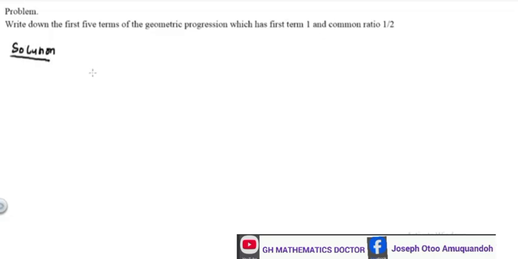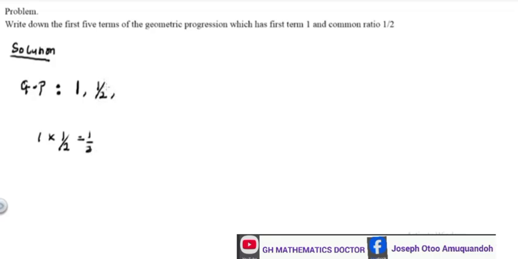As we have the first term to be 1, we are going to get the next term by multiplying the ratio to the first term, which is 1 multiplied by 1 over 2. And we are going to get 1 over 2.